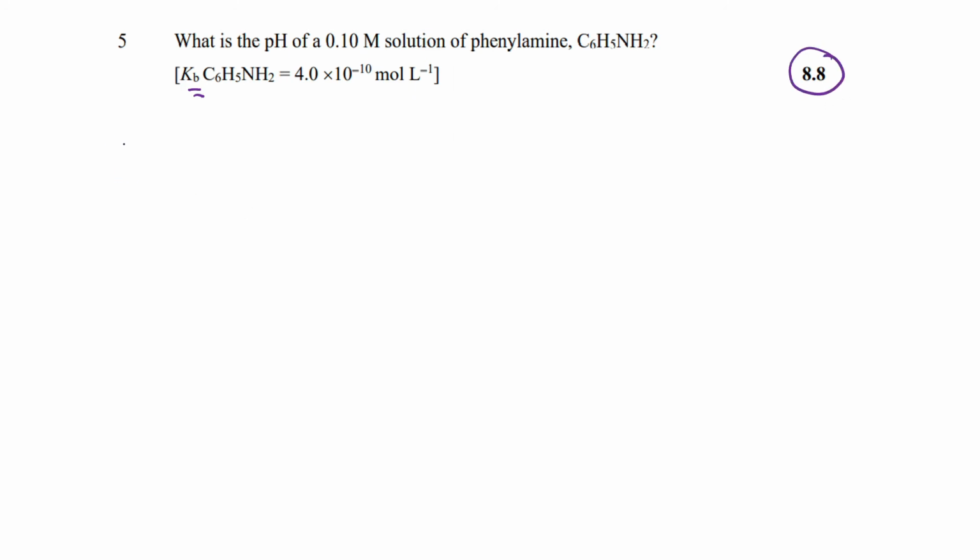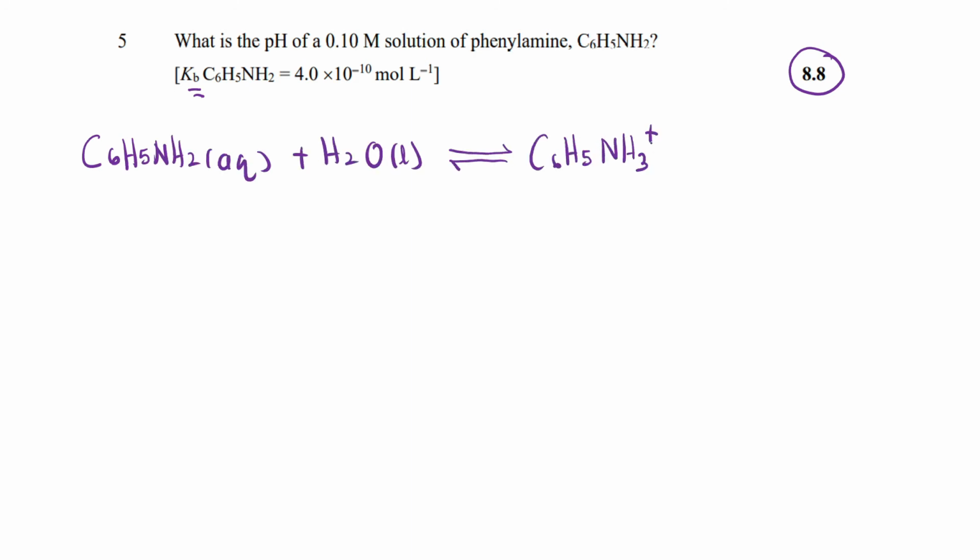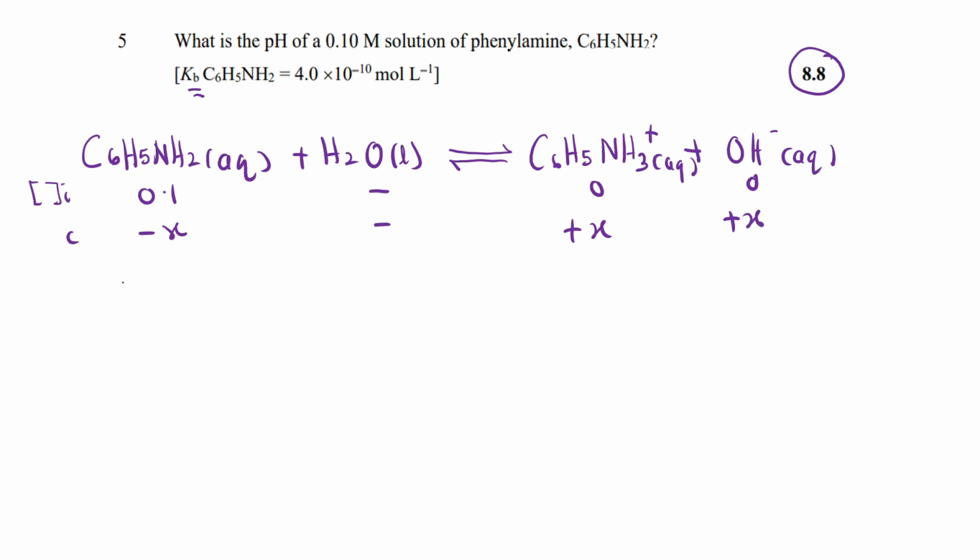Jadi first macam biasa, initial concentration, kepekatan awal dia adalah 0.1, 0, 0. So the change is minus X, plus X, plus X. So at equilibrium 0.1 minus X, dash, X, X.